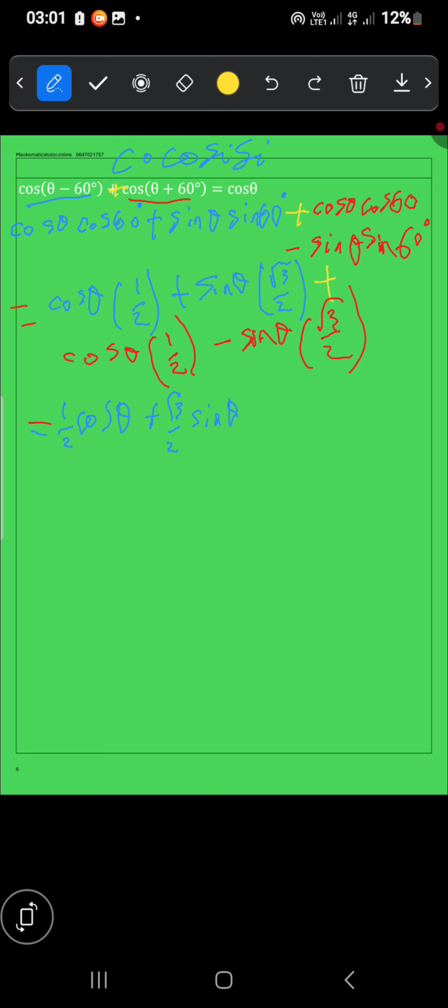Then now plus this one now, half cos theta minus root 3 over 2 sine theta.